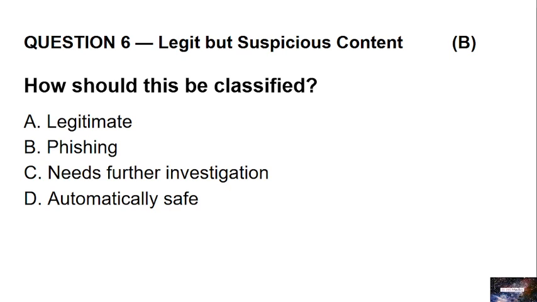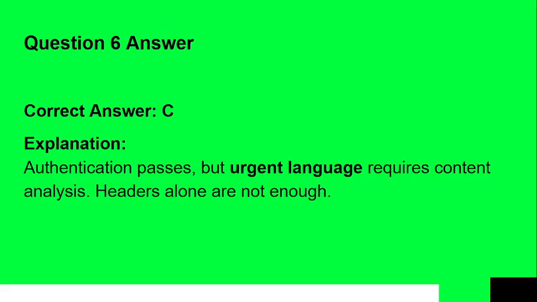Remember that there is a difference between spoofing and phishing, but spoofing is used to achieve phishing, and phishing itself is deceiving the victim to give up sensitive information. Okay, so the answer is what? Authentication pass, but urgent language requires content analysis. Headers alone are not enough.